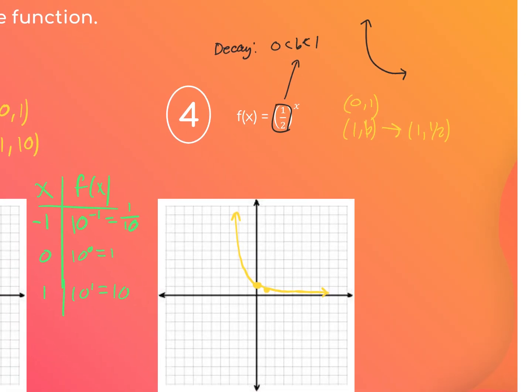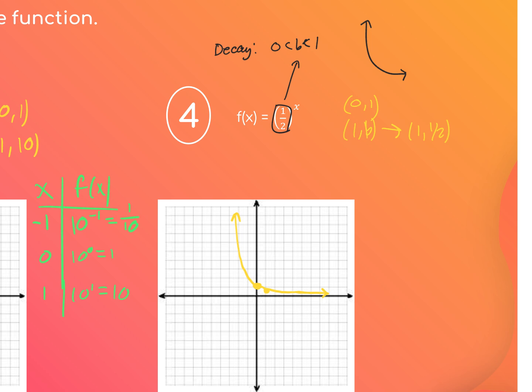If it's not clear what the shape of it's going to be, I would definitely pick some values just to see what that's going to get you. The values that I like to pick are always going to be -1, 0, and 1. So we have an f of x over here. I'm going to pick -1, 0, 1.